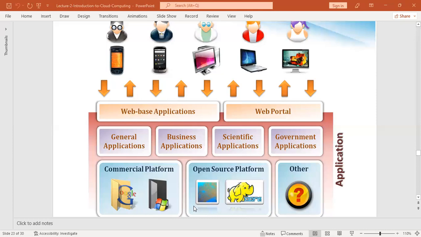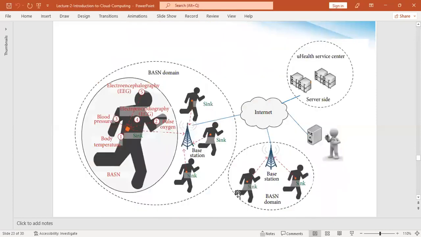We have web portals. So we have a lot of things in this software as a service model. Till here, this was all about what cloud basically is, what the platforms are, and how these platforms are actually helping the individual.